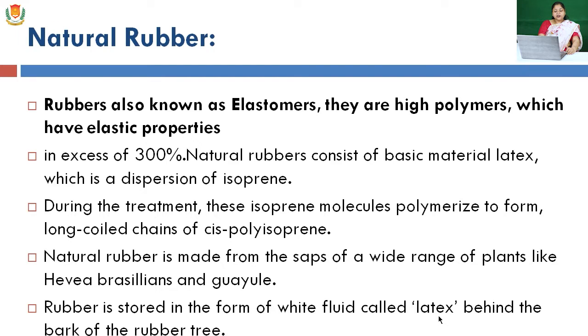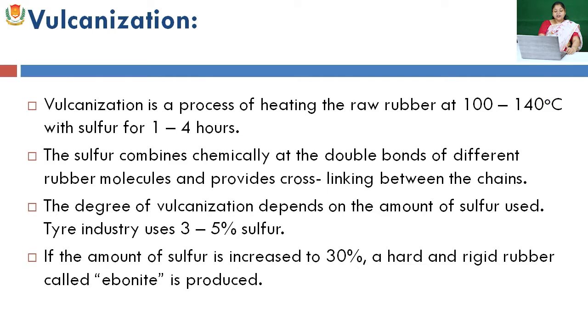Natural rubber is made up of sap of a wide range of plants like the rubber plant and other plants. Rubber obtained from these plants is stored in the form of a white fluid called latex behind the bark of the rubber tree.